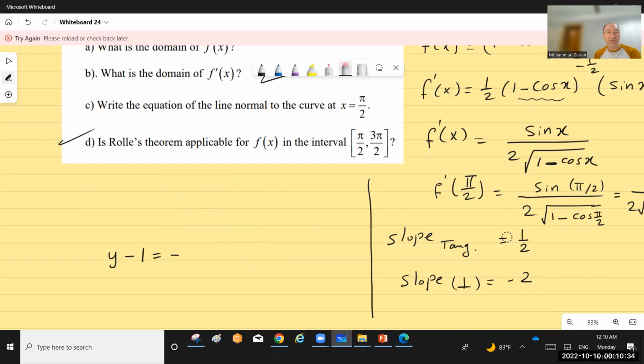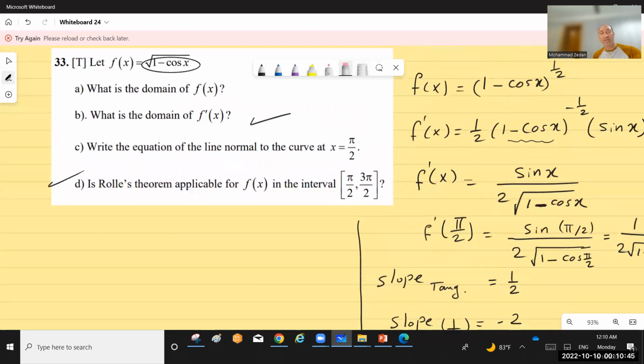And the most important point is that f of pi over 2 is equal to f of 3 pi over 2, because cosine of both pi over 2 and 3 pi over 2 is 0. So both of them are 1. So the answer of D is yes, Rolle's theorem is applicable.